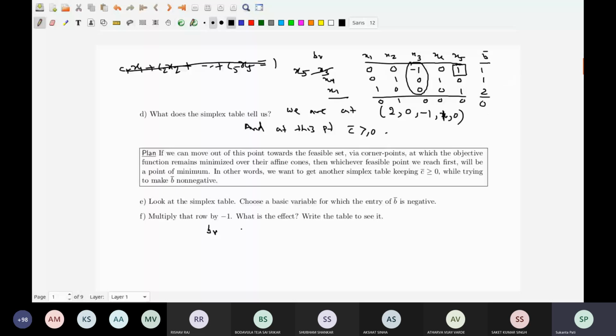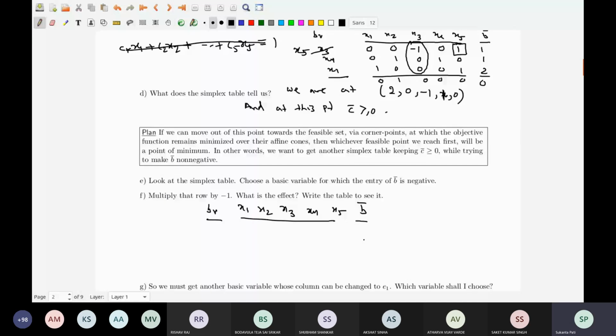X3, X4, X5, B bar. So I will keep this one x5: 0, 0, -1, 0, 1, 1, because the pivotal entry I want to keep 1.